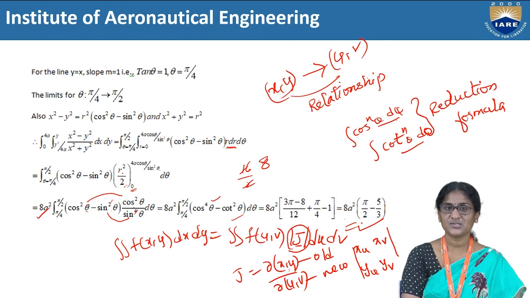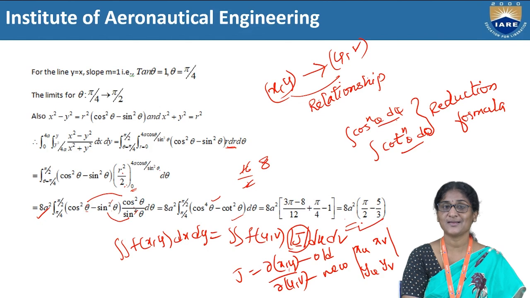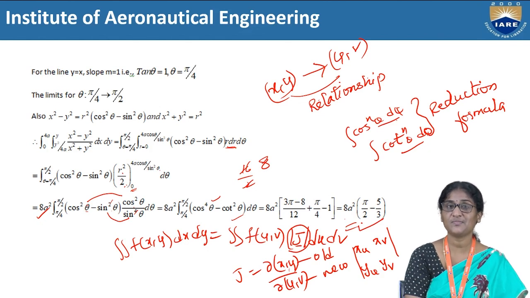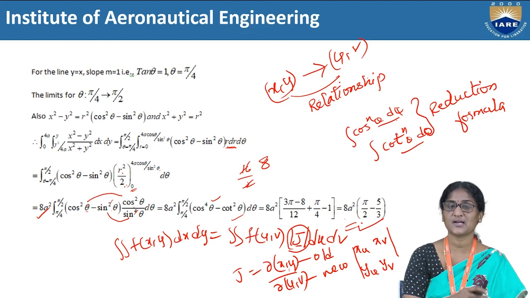So changing of variables and changing the order of integration are techniques for solving double integrals. Whenever the problem becomes very complicated, we can change the order. That is, when x values are given as variable limits, you can change them to y values as variable limits, or when x is given as constant limits, you can change it to y as constant limits.